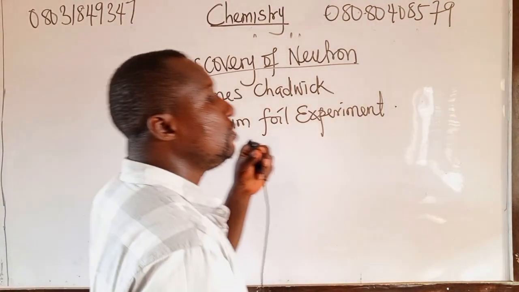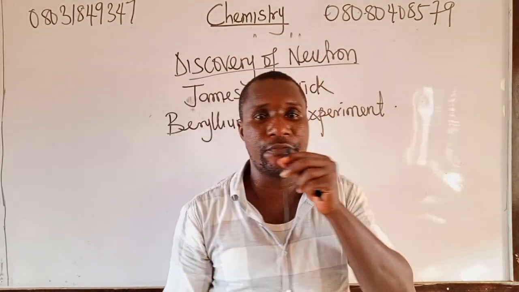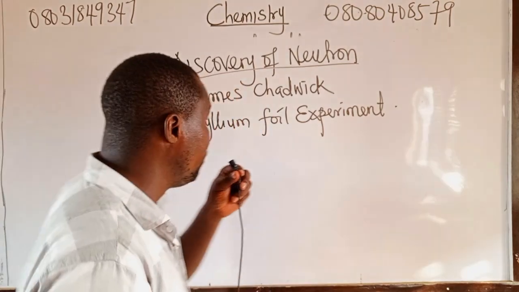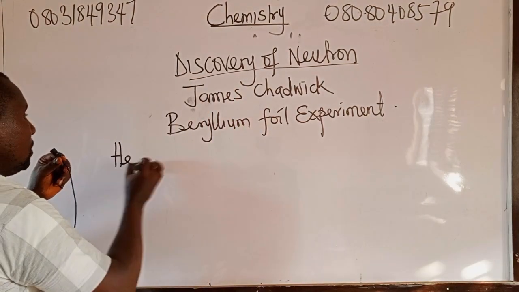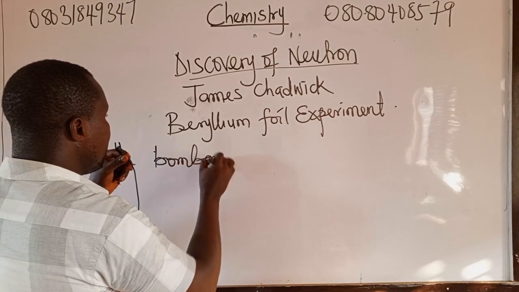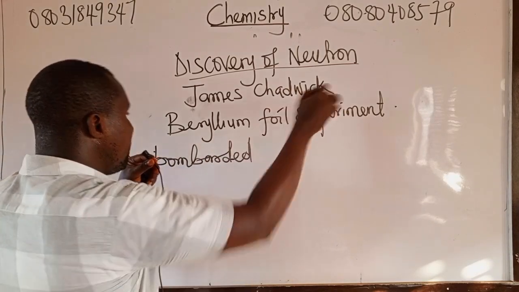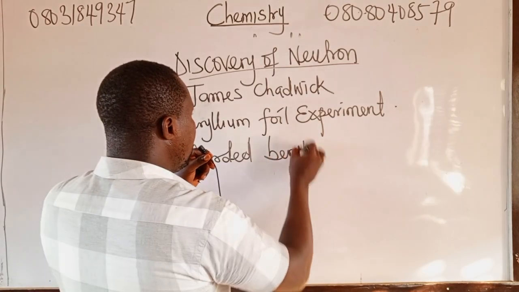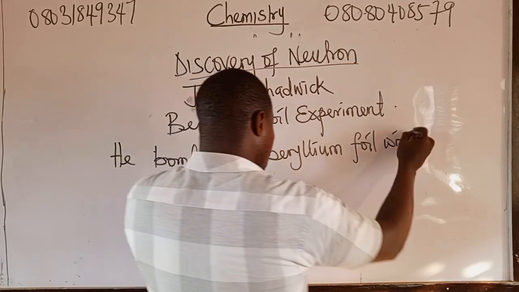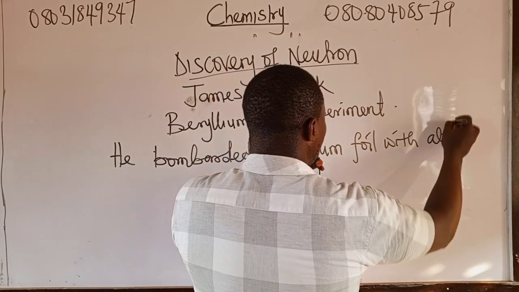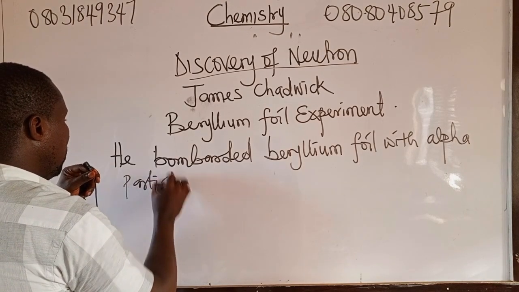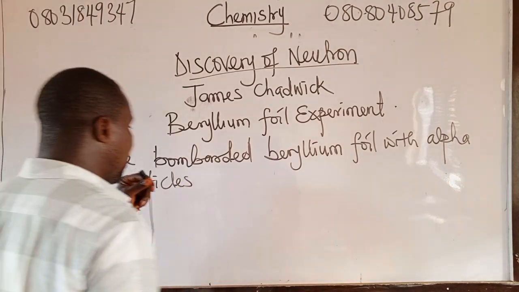How did he perform this experiment? James Chadwick bombarded beryllium foil with alpha particles.